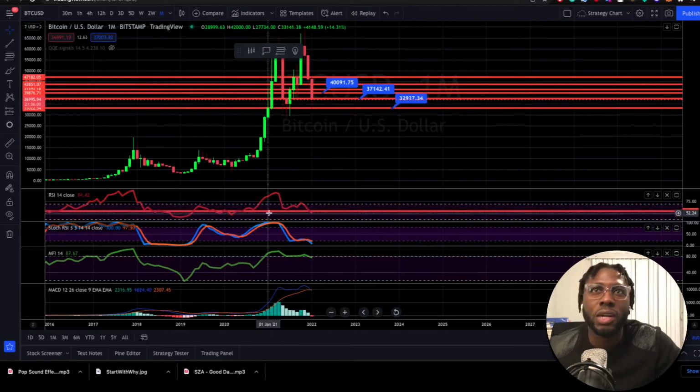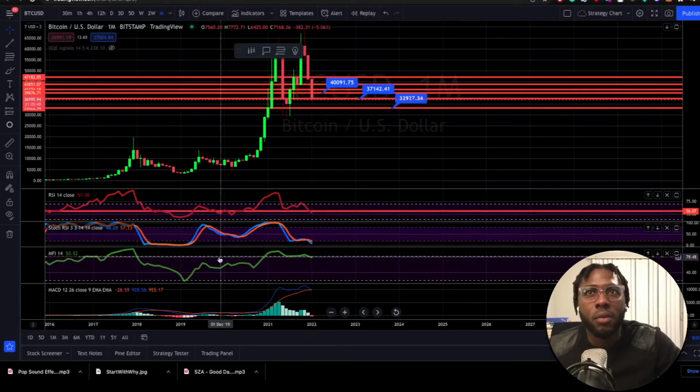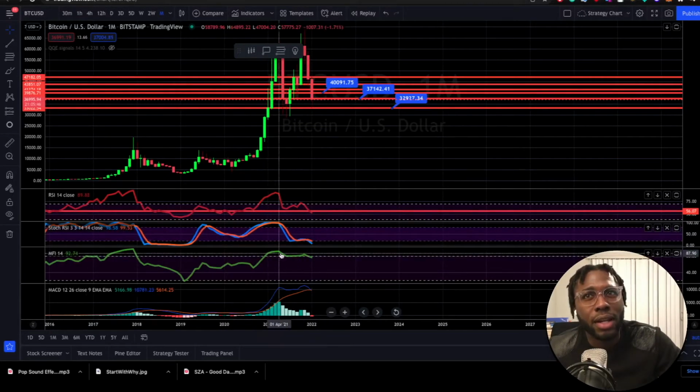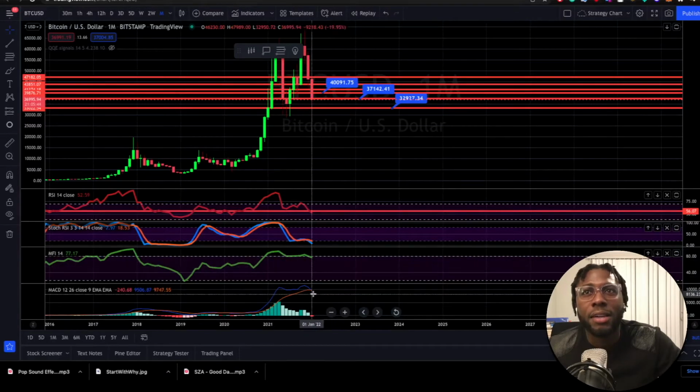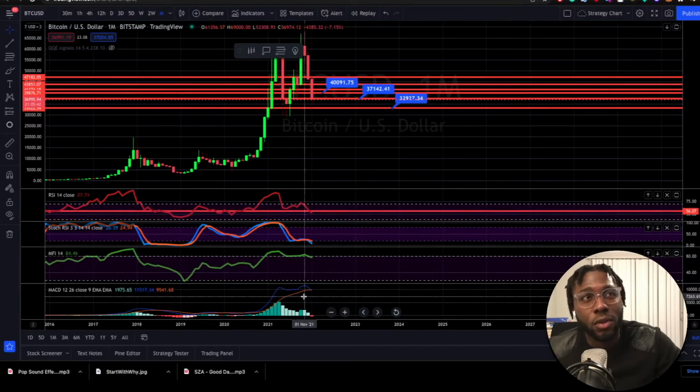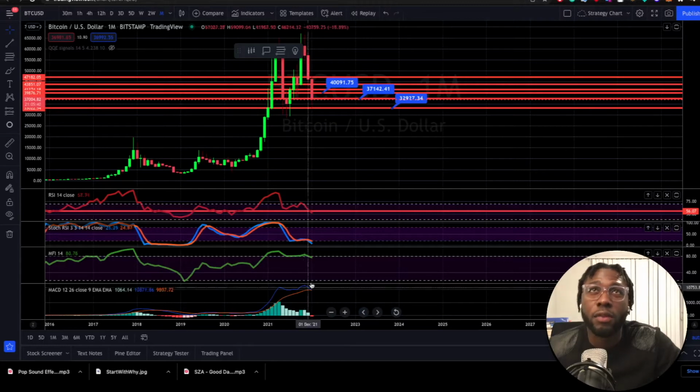I drew a support line from the monthly because it's trying to get better. But from the stochastic RSI, we're still heading downwards. We can see the money flow index still heading down, and the MACD has a cross. This is from the monthly chart.